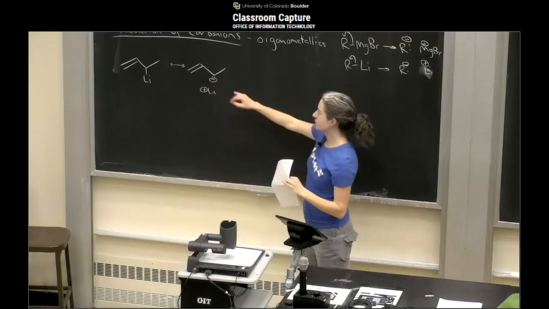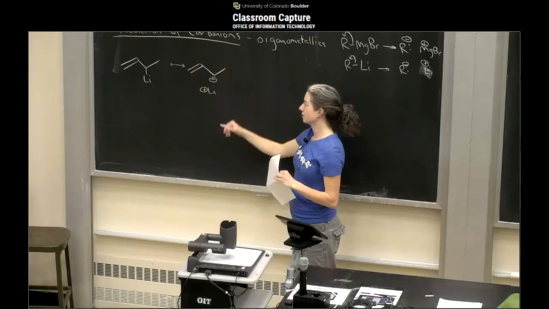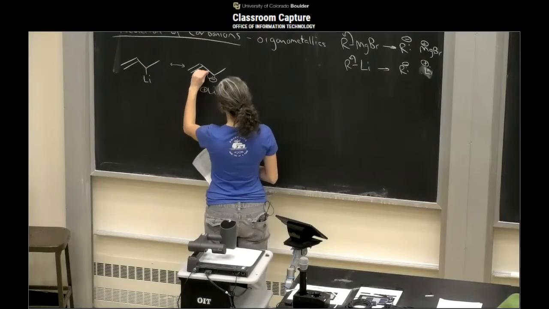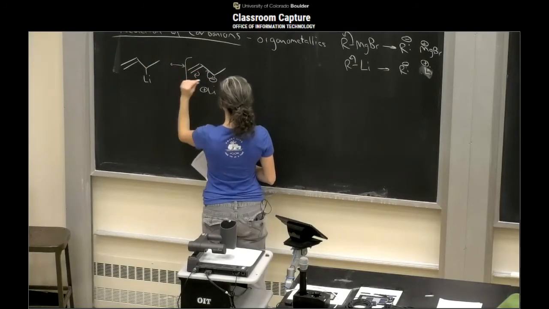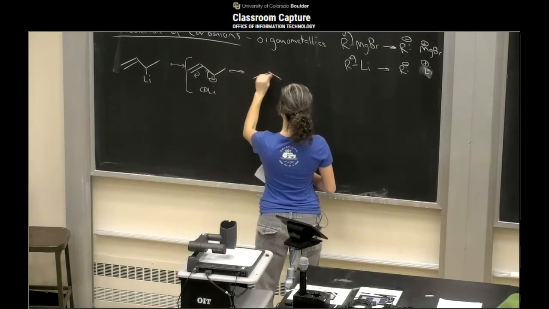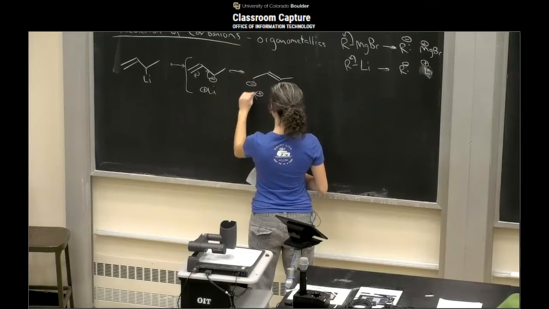But as soon as we do this, we're looking at something where we've shown resonance forms on this molecule or something pretty similar to it before. So why don't we just boot that over to there. Put the negative charge there.